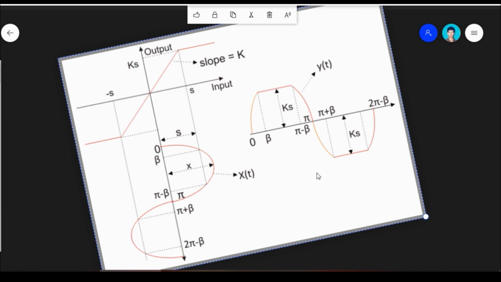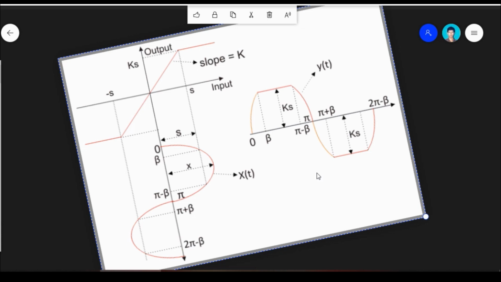You are giving a periodic input, you are getting a periodic output, but what is the difference from our previous examples? Here you are giving a periodic sinusoidal input to your system, but you are getting a periodic non-sinusoidal output from your system.